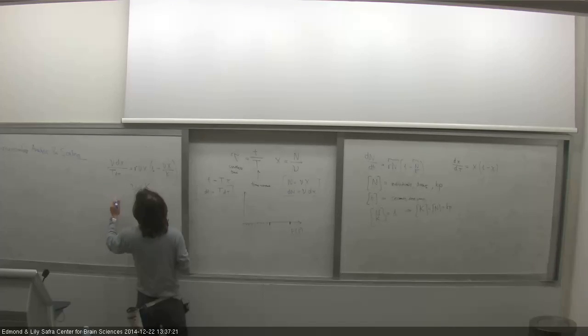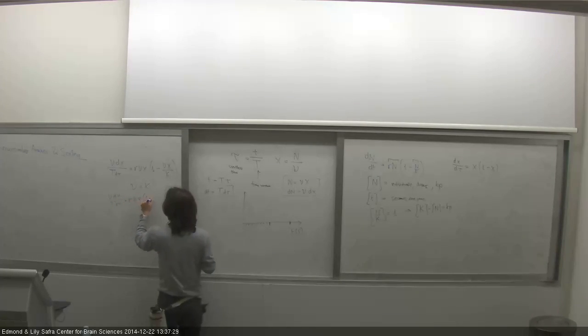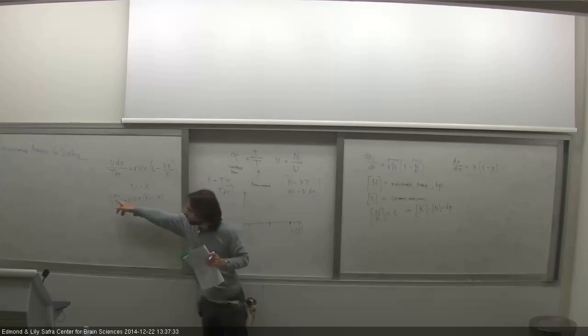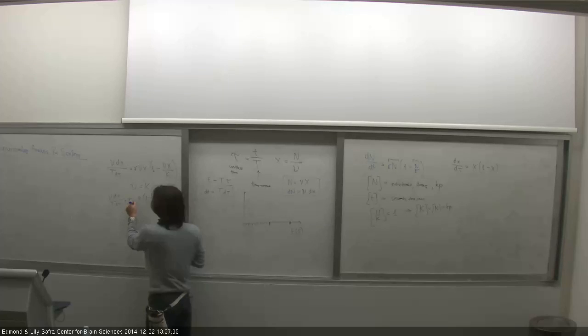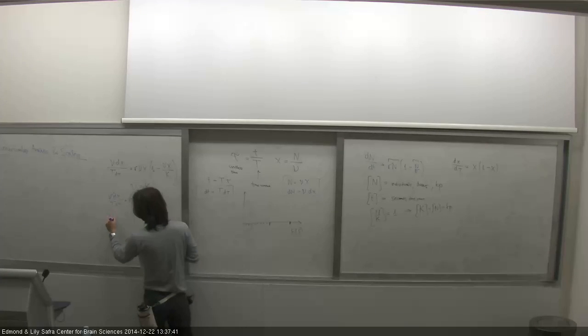No, I won't replace it yet. R x times 1 minus x. Ni cancels out. And I'd like to be left with dx over d tau, as simple as possible, on the left-hand side.